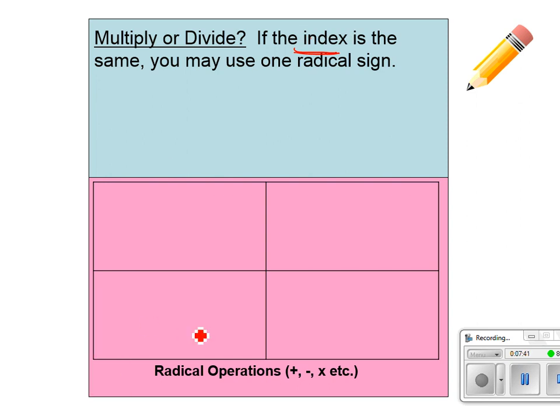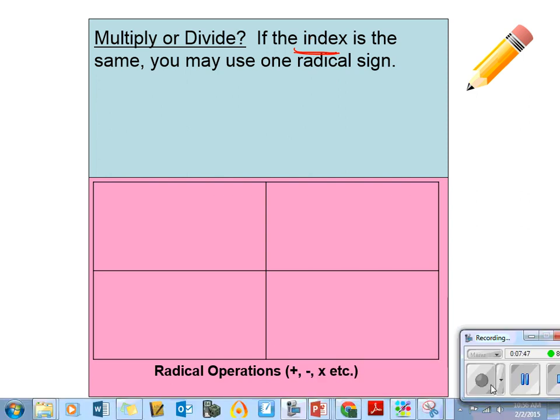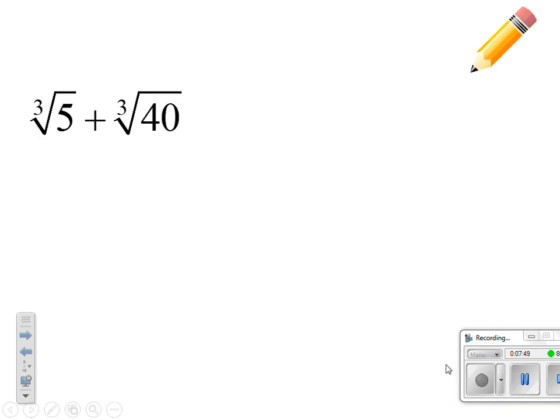All right. So let's go ahead and do some adding and subtracting and see what happens with that. So the last two examples are going to be adding and subtracting radicals. And so here we are with problem number 3, and we are going to add these two radicals. Let's do a little sidebar here for a second.